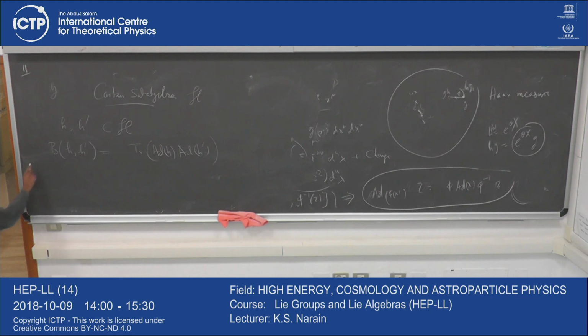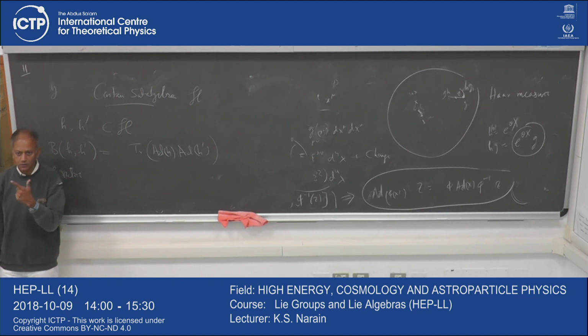We have already seen the roots, root spaces, root vectors. In the SU3 case, we had H1 and H2, two bases of the Cartan subalgebra, and we could diagonalize both simultaneously because they were commuting with each other.